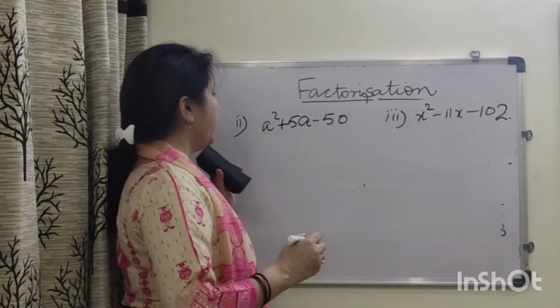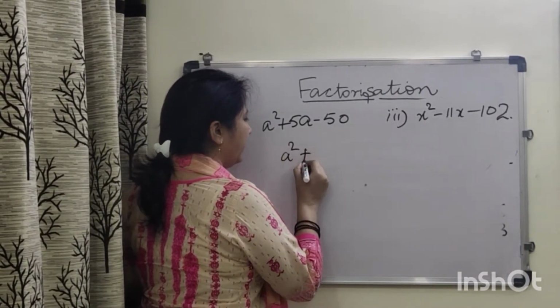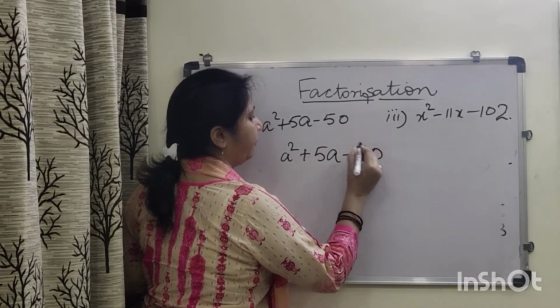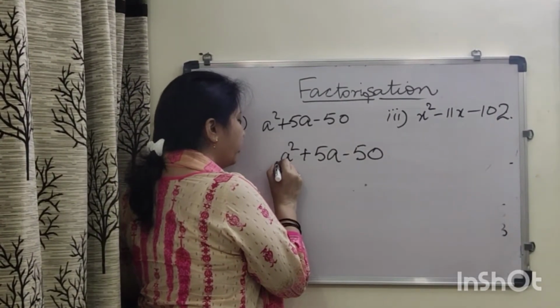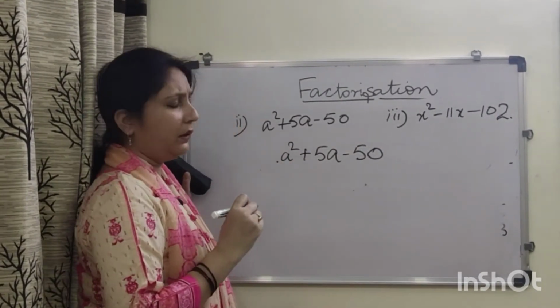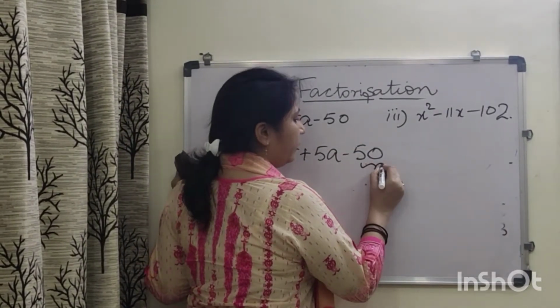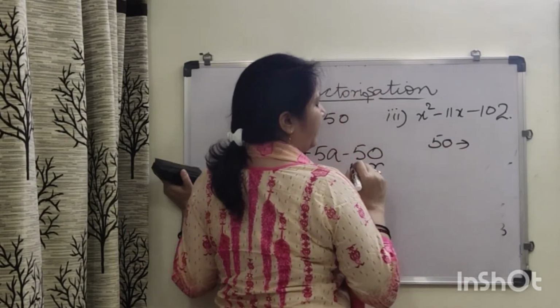Now the next question that I have taken up for you is to factorize a square plus 5a minus 50. Children, again ensure that the coefficient of a square is 1, that is 1. Now we look for the constant part. Constant is 50. Now you write all the factors of 50.